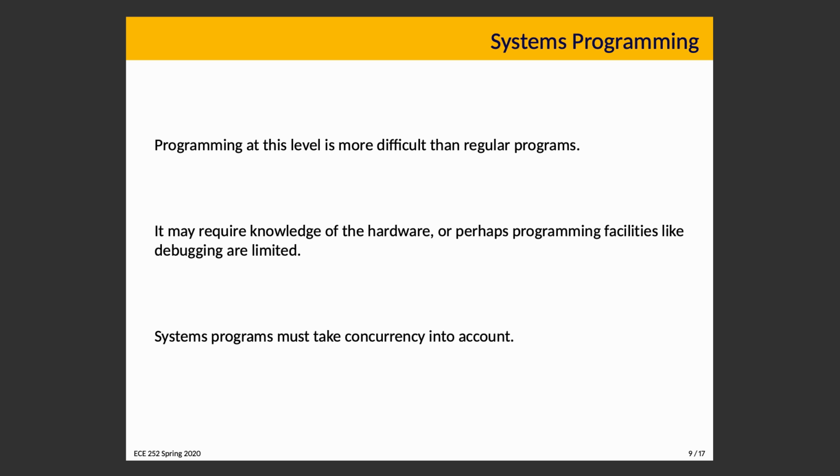And moreover, concurrency starts to become a problem when we start to think about systems programming at this level. And concurrency is the other big topic in this course that we're going to spend lots and lots of time on. Now, when we talk about concurrency, we are limited a bit.